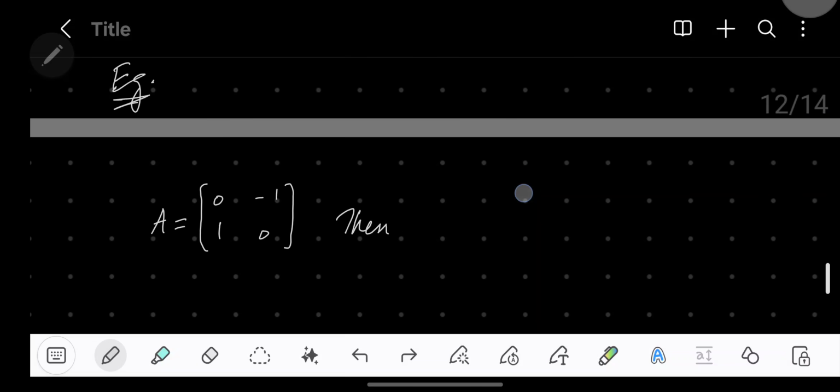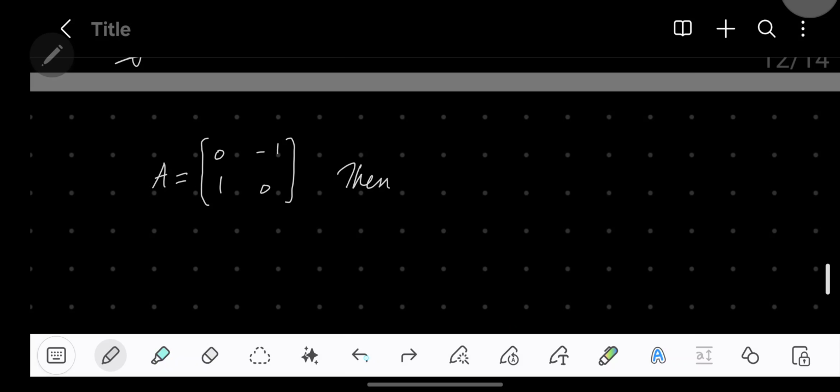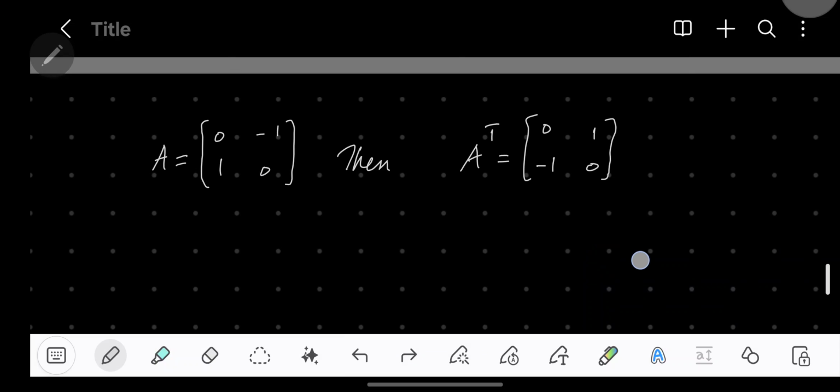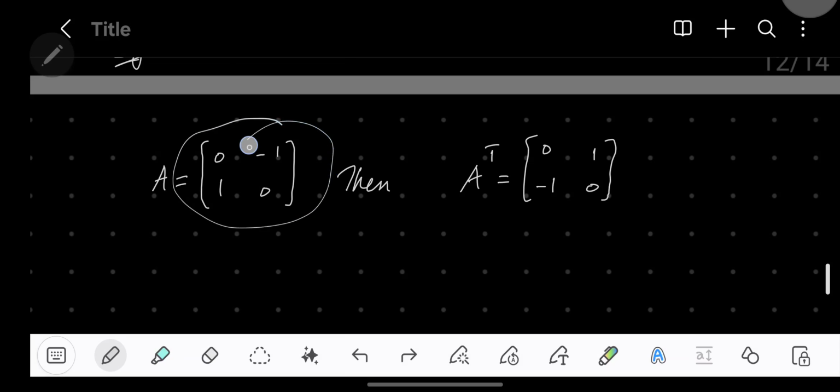If A is equal to this type of matrix and you take the transpose, first you convert this row into a column, and then you convert this row into a column. Now you can check that this matrix and this matrix are different.